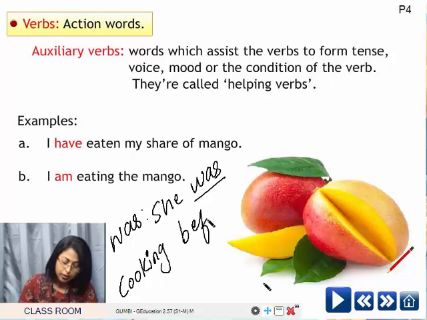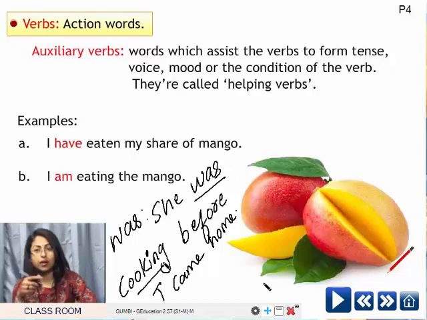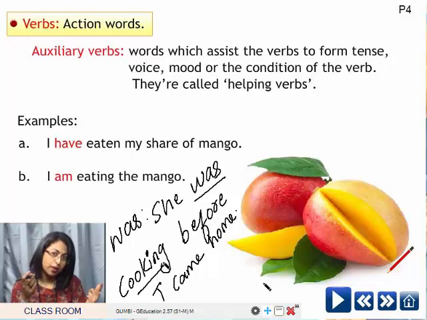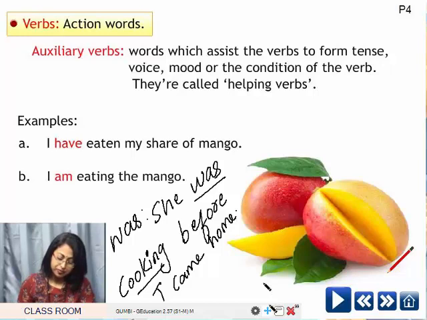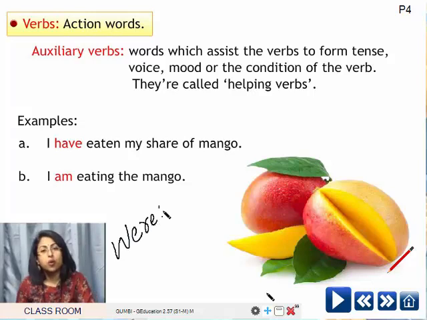She was cooking before I came home. So cooking will be my verb. So what would I be using as my helping verb here? Was. Did you all understand, students? Clear on that? Very good. Let me give you one more sentence.